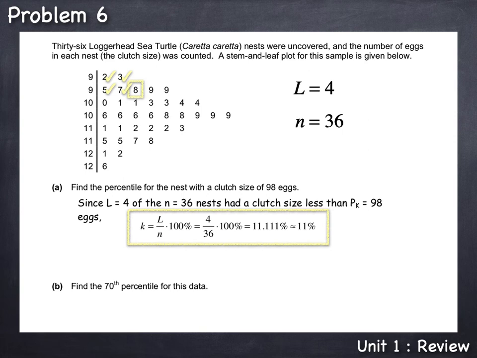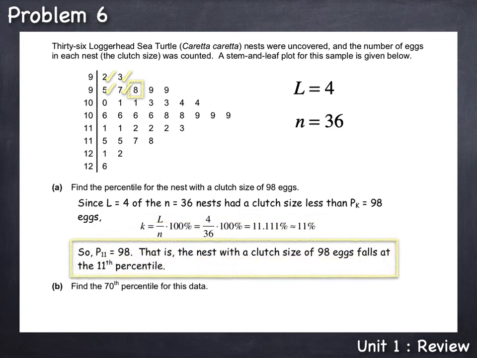K, the percentile, is always rounded to the nearest whole percent. So since the tenths decimal place, the 1 right after the decimal, is a 1, and that is less than 5, we just round this result down to a whole percent as 11%. So there's our answer. 11th percentile is the percentile for the nest with the clutch size of 98 eggs.